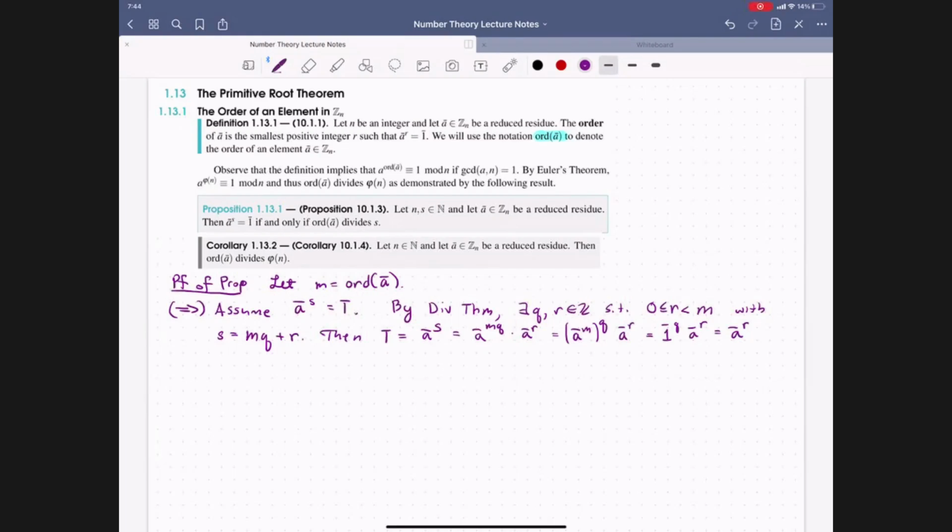So where do we go from here? We have a bar to the r is equal to 1 bar. But the definition of the order is the least positive integer that we can raise it to get back 1 bar. But r is less than m.